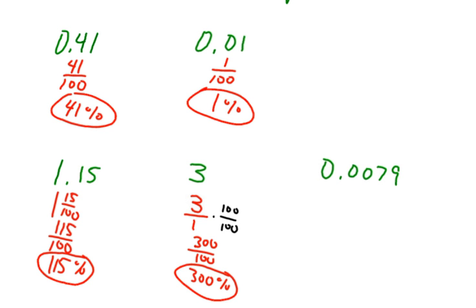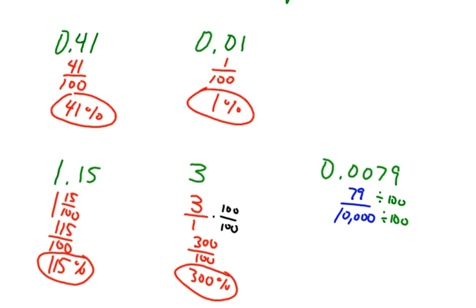Now, 0.0079, so let's first express it as a fraction. What does this mean? Tens, hundreds, thousands, 10,000s. 79 over 10,000. Now, if I want to get the denominator down to 100, I divide numerator and denominator by 100 because I want to slide that decimal over twice.